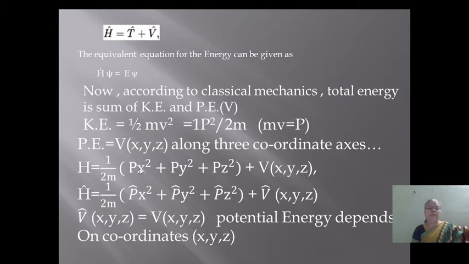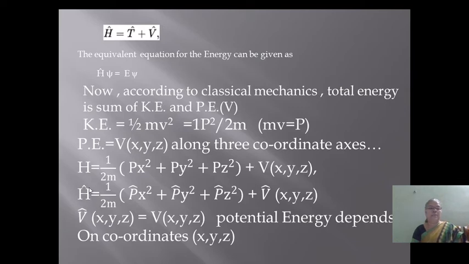and px square plus py square plus pz square, these are the momentum along the x coordinate, y coordinate and z coordinate, and this is the potential energy along three coordinates.